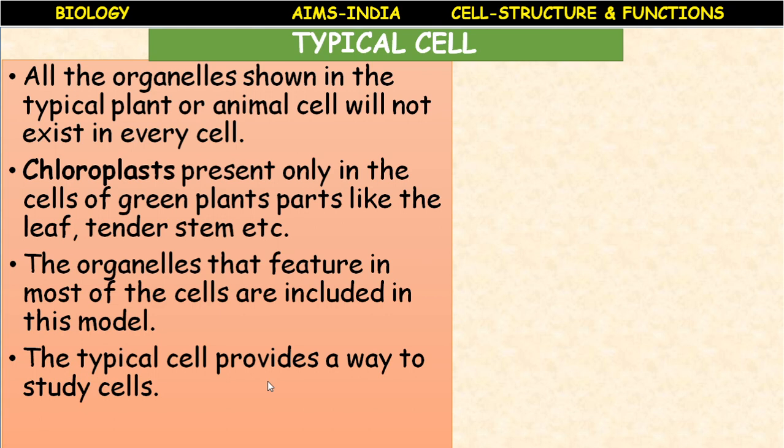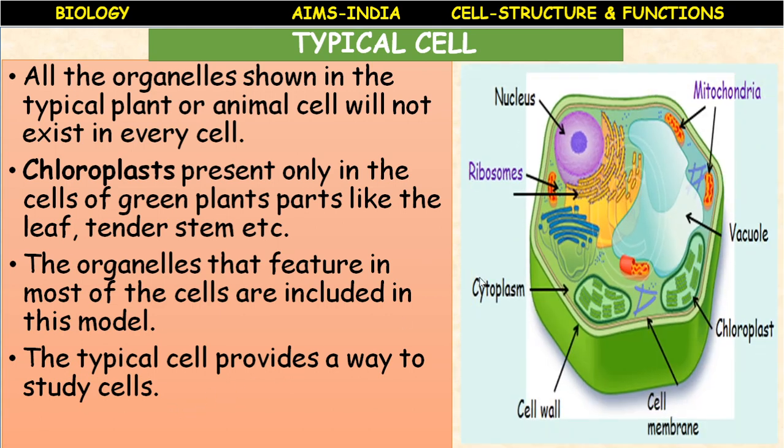The organelles that feature in most cells are included in a typical cell model. A typical cell provides a way to study cells. This is a typical cell, a model which represents the actual cell. The organelles are mitochondria, nucleus, ribosomes, vacuoles, chloroplast, cytoplasm, cell wall, and cell membrane.